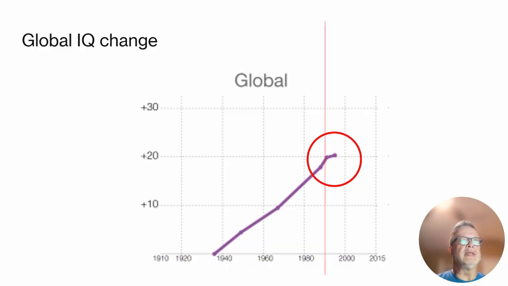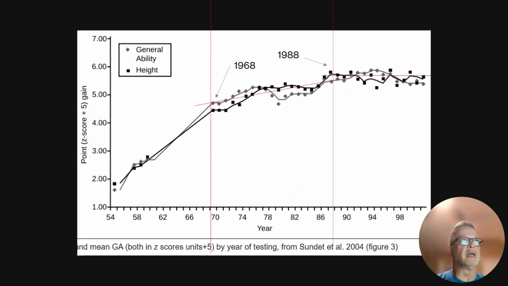Now you can see here on this graph, this is not probably the best graph. I'll show you other ones, but it shows this effect that in the 90s we have, globally, a change in the slope of the IQ curve. But I'm gonna show you another data. This is from a Norwegian study that was done on conscripts.